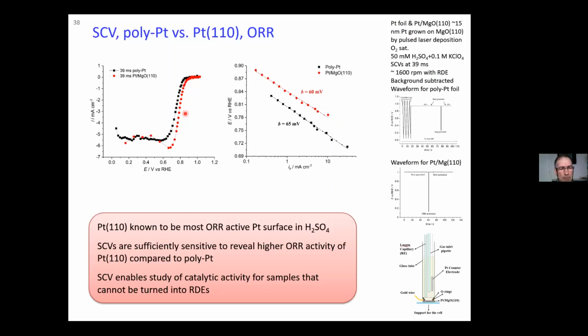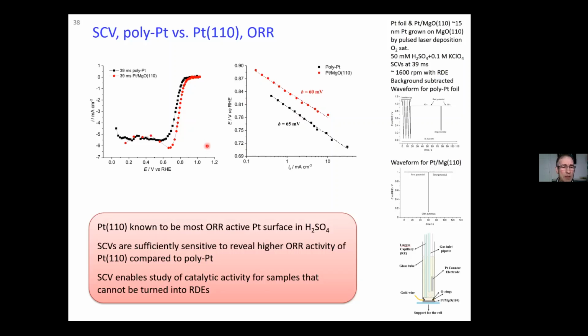And there is clear evidence here that the oxygen reduction reaction is running faster on the single crystal surface, and the platinum 110 is known to be the most ORR active platinum surface in sulfuric acid. And there is the corresponding Tafel plot here.